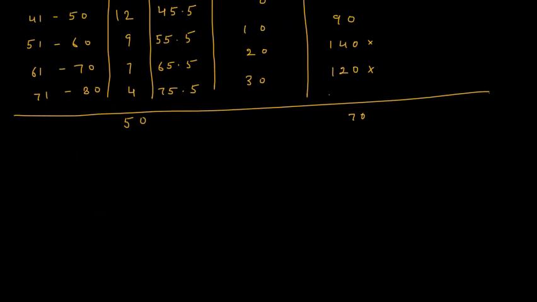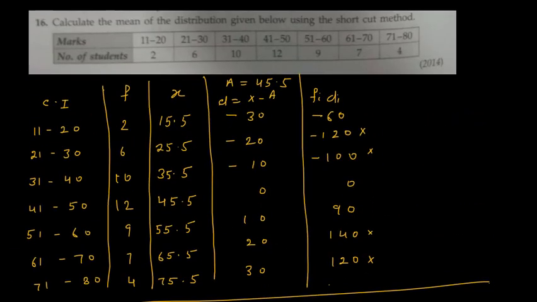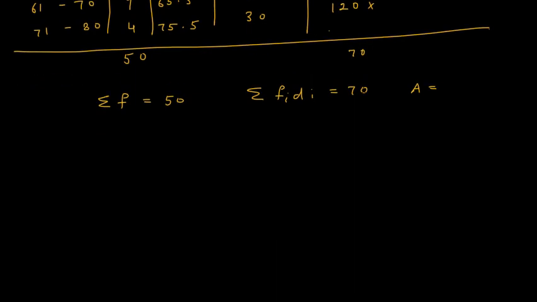Okay, so you have summation of f, which is 50. You have summation of FiDi, which is 70. You have the value of A, which is 45.5.